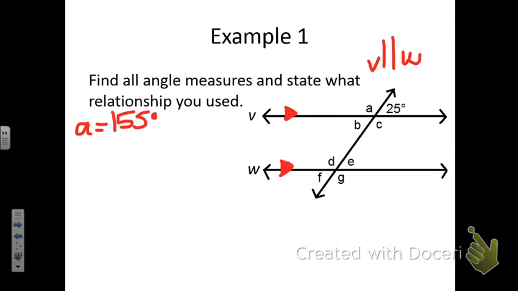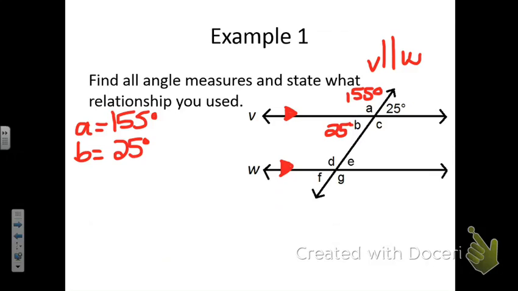Okay? What about B? 25, and how do we know? It's congruent to the other one. Yeah, it is congruent. What's that relationship called between my B and my 25? They're straight across from each other in that X. Vertical. Good.